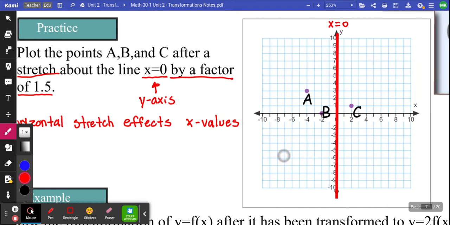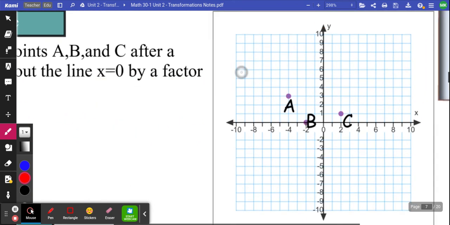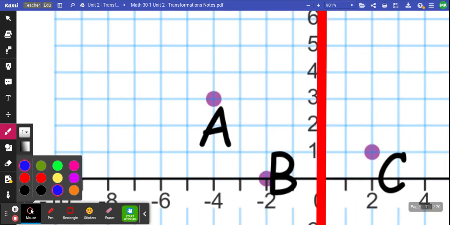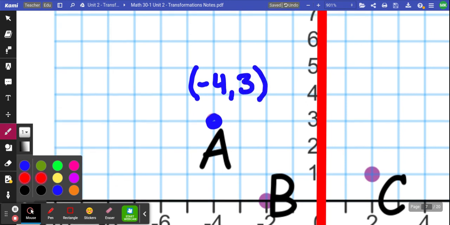So to do this stretch, because we haven't stretched anything yet, you're going to go to the points. You're going to take a point that is currently at (-4, 3). You are going to multiply the x value by 1.5.